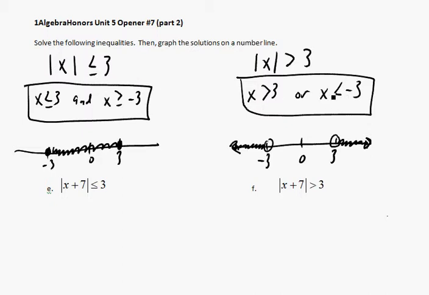It's a very similar situation here when we have the absolute value of x is greater than a number. We have these two inequalities, but we have to connect them with the word "or." And again, for the second inequality with the -3, we have to switch the direction of the inequality.